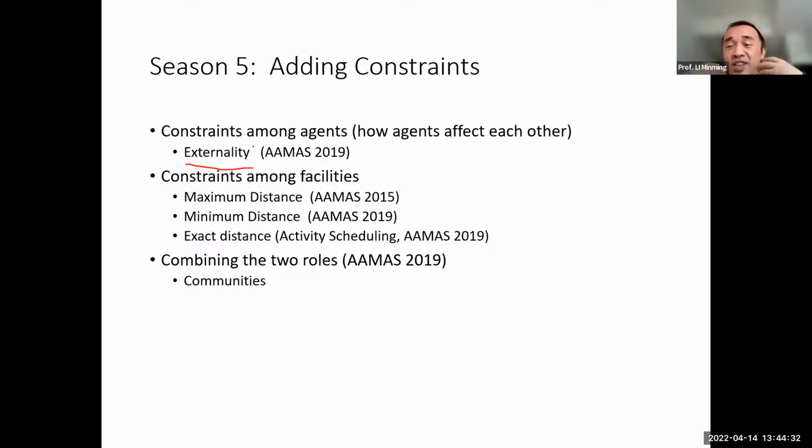So when there is externality, there are some interesting results, okay? And then we can also add constraints on facilities, like a maximum distance, right? And with this, we already did, right? But also minimum distance. The two facilities cannot be too close, right? Or exact distance. They have to be this much away from each other. And this one, we also call activity scheduling, okay?